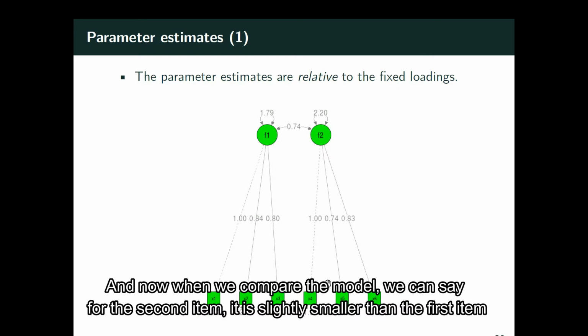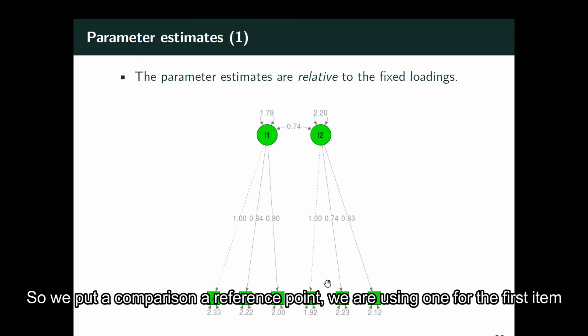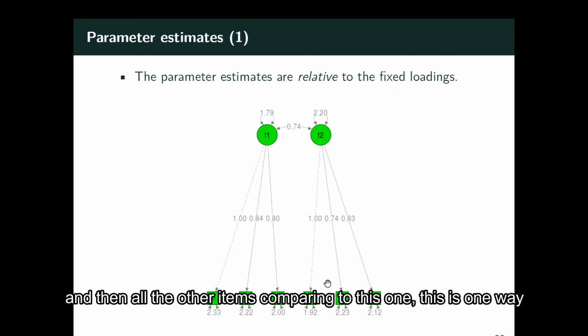Then when we compare, we can say the second item is slightly smaller than the first item, and the third item is slightly more than the first item. We are using 1 for the first item, and all the other items are compared to this one.